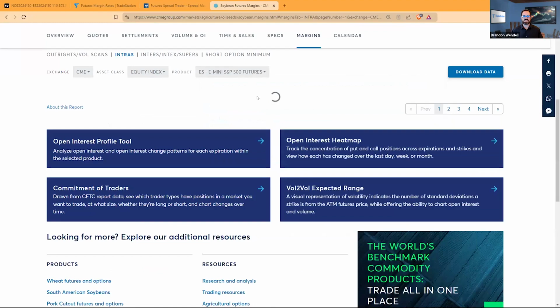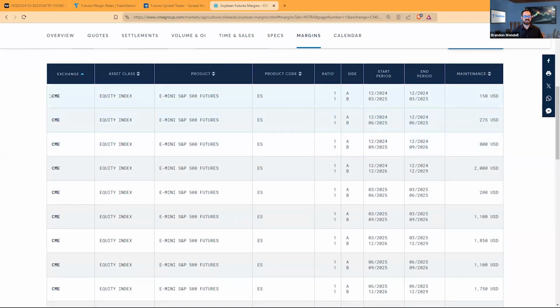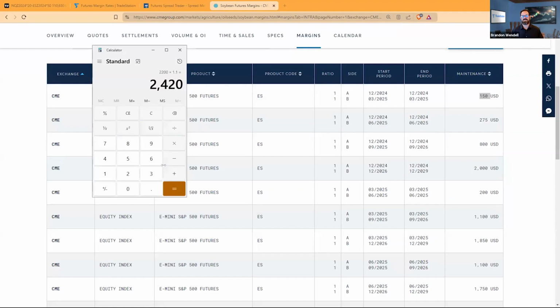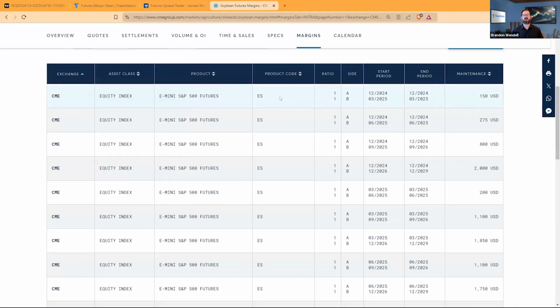There it is, E-mini S&P. And again, 1:1 ratio because you're trading intra-market, December versus March. That's an intra-market spread. How much is the maintenance margin? $150. Wow, right? So if I want to do an intra-market spread, again, you multiply by 1.1, it's $165 for the overnight margin to do a spread on the ES.